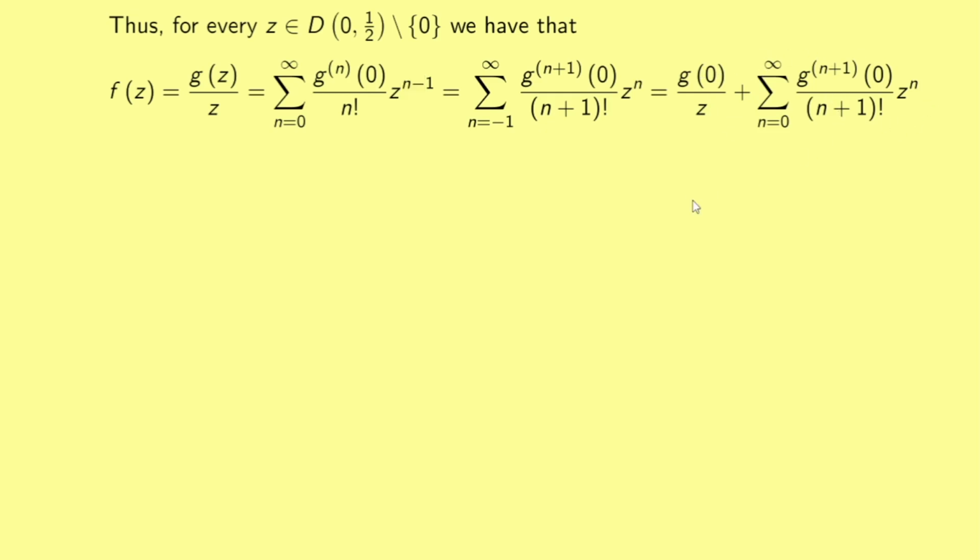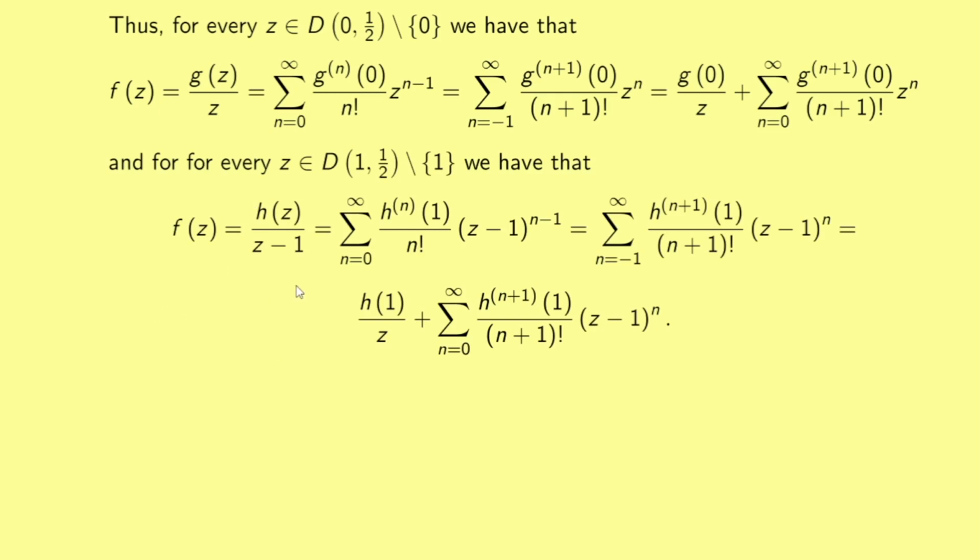In a similar way, for every z in the open disk centered at 1 and of radius 1/2, leaving out 1, we have that f of z equals h of z divided by z minus 1. And since I had h written as a Taylor series, I just divide it by z minus 1. I get this n minus 1 here, which again I can rewrite this way. I just change the index.